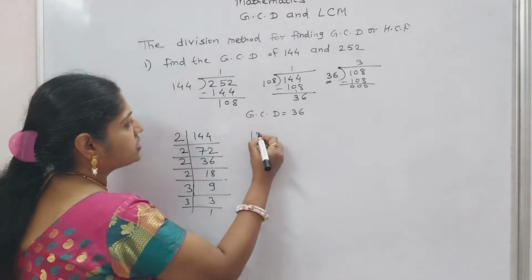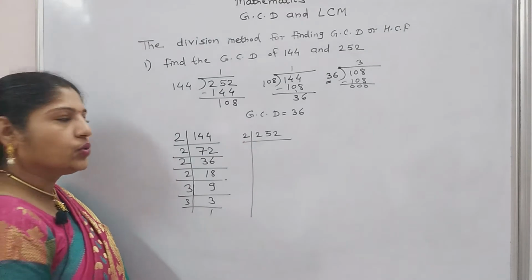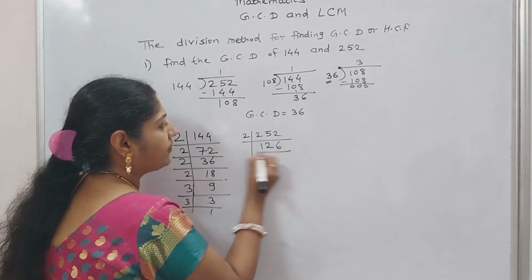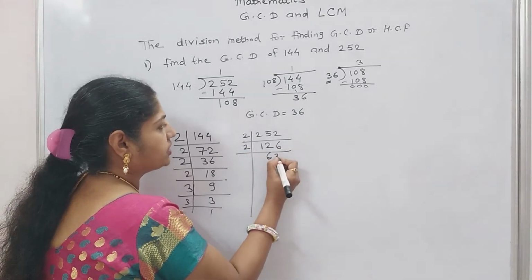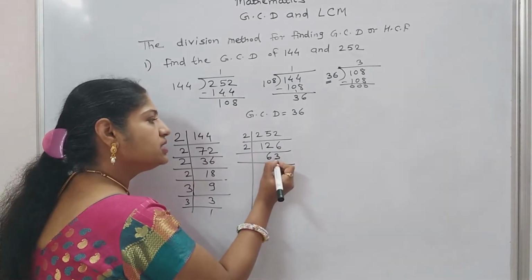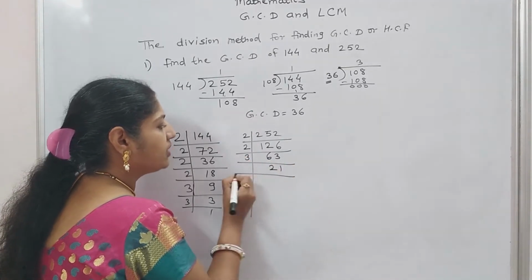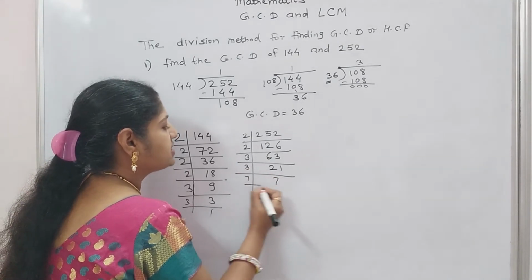Now the second number is 252, which is an even number, so it is divisible by 2. 2 ones are 2, 2 twos are 4, 2 sixes are 12. Even number, it is divisible by 2. 2 sixes are 12, 2 threes are 6. Now this number is divisible by 3. 3 twos are 6, 3 threes are 9. 21 divided by 3 is 7. 7 divided by 7.